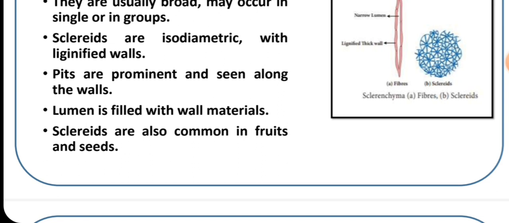Of course, if there is a hurricane or a very severe cyclonic storm, some plants and trees are uprooted. But in other cases, sclerenchyma gives that stiffness, rigidity, and mechanical support for the roots, stem, and shoot system.